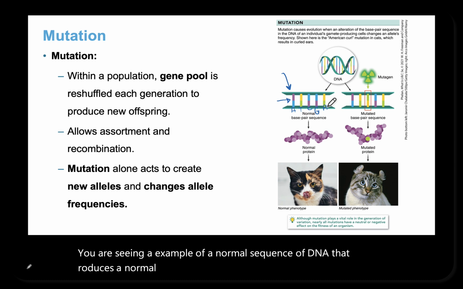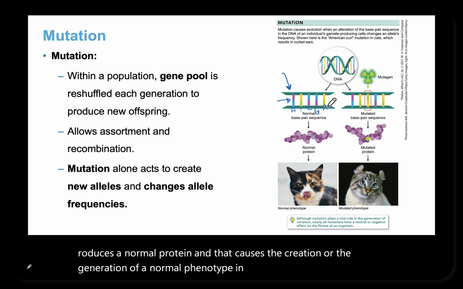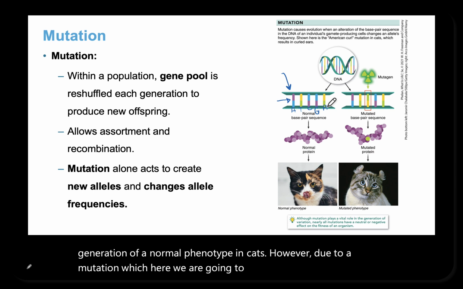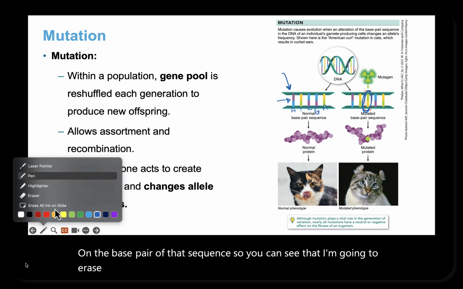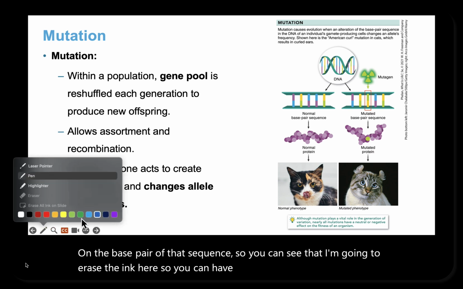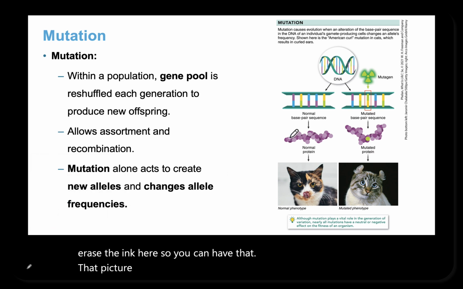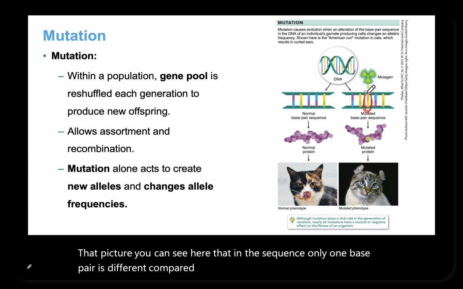On your left, you are seeing an example of a normal sequence of DNA that produces a normal protein, and that causes the generation of a normal phenotype in cats. However, due to a mutation, which here we are going to understand as a replacement of a base pair in that sequence, you can see here that only one base pair is different compared to the normal sequence.